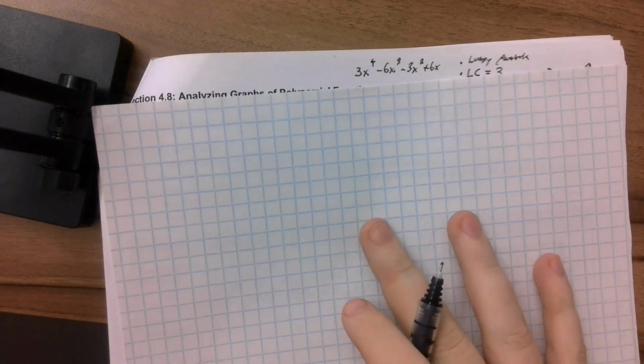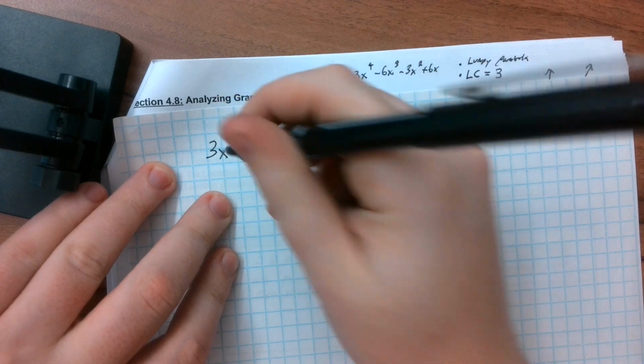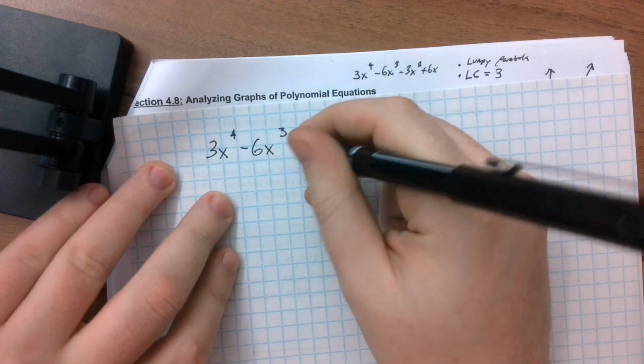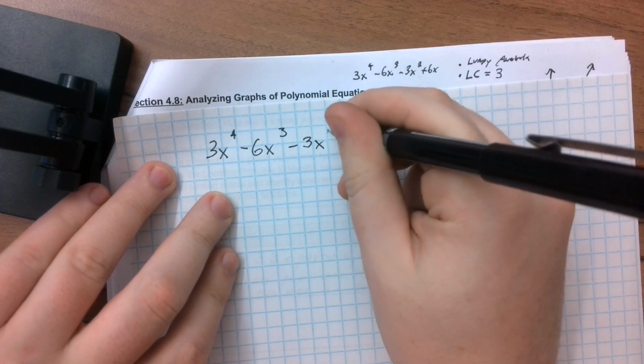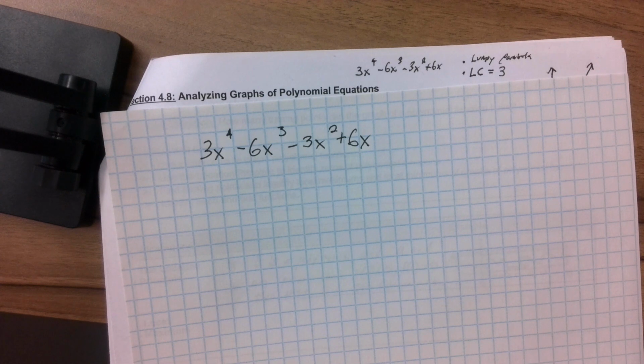I want you to take a minute and try seeing if you can factor this. I'll give you a hint. Grouping absolutely will work with this. Pause the video, see if you can find the zeros, and we're going to see if we can make a more accurate graph.